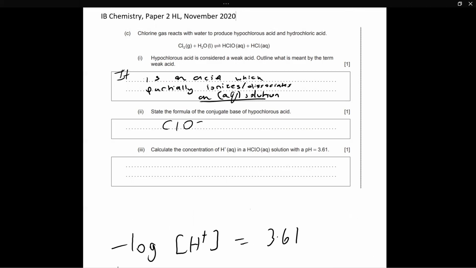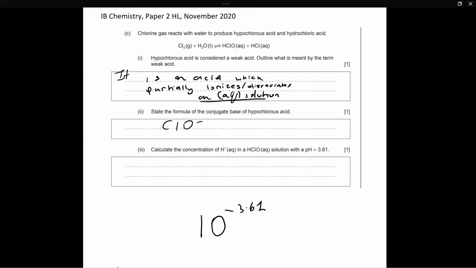And how do you do that? Well, it's very, very simple. If you want to calculate the concentration of hydrogen from the pH, just raise 10 to the power of negative pH. That is simply the formula. So this is your key to finding the concentration of H+ from the pH.